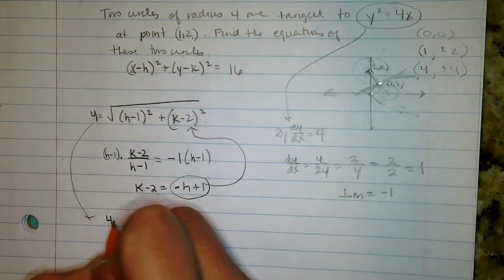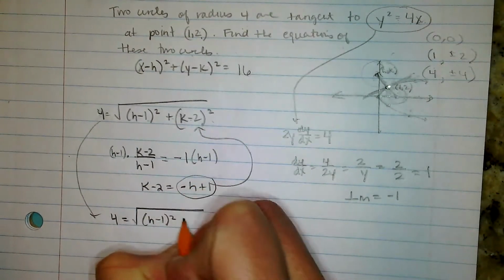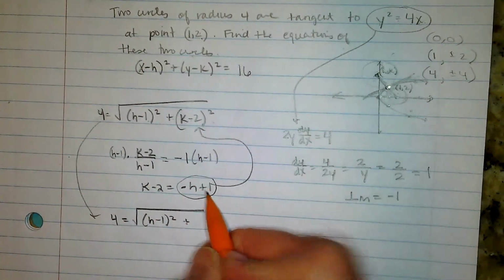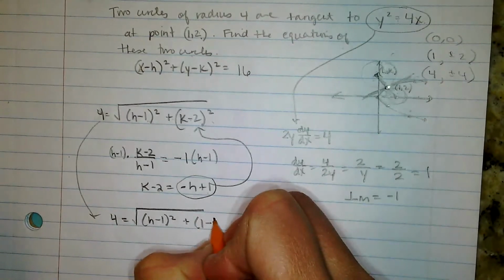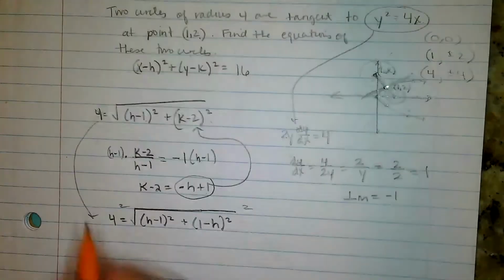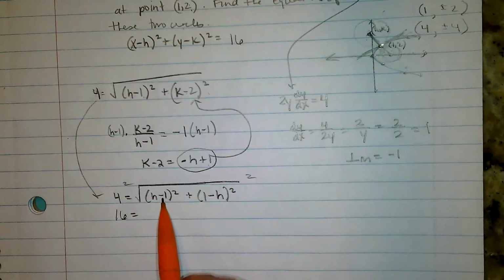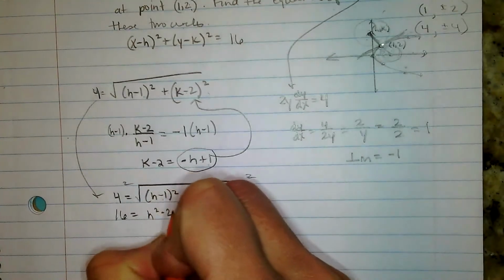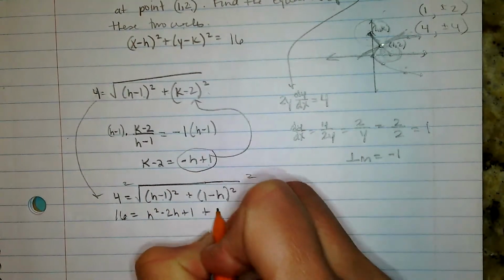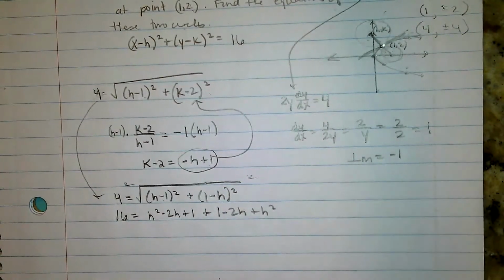So I'd have 4 equals the square root of (h minus 1) squared plus, I'm going to call this 1 minus h, that's my substitute. Square both sides. I get 16 equals, and then I'm going to square this out: h squared minus 2h plus 1, plus 1 minus 2h plus h squared.